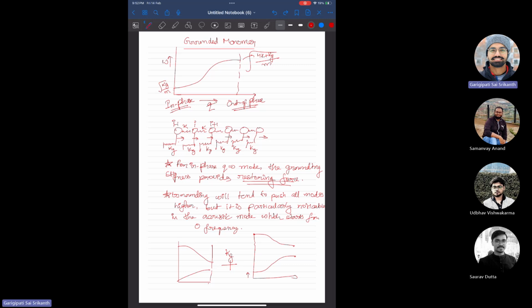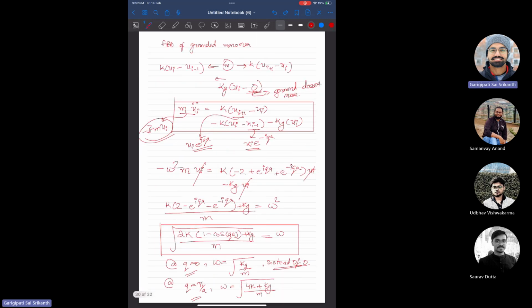So now the question is, it's the same question to you. Can you hear me? Yes. You know that there is something called a Bragg gap. When does the Bragg gap open? At q equal to pi by a.